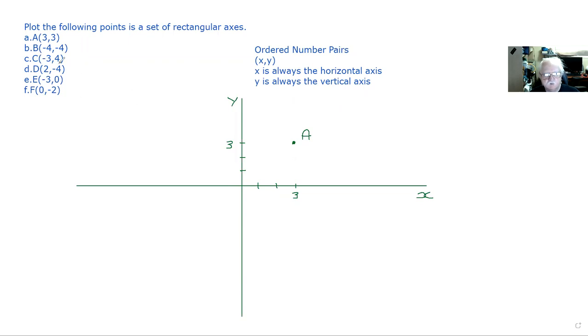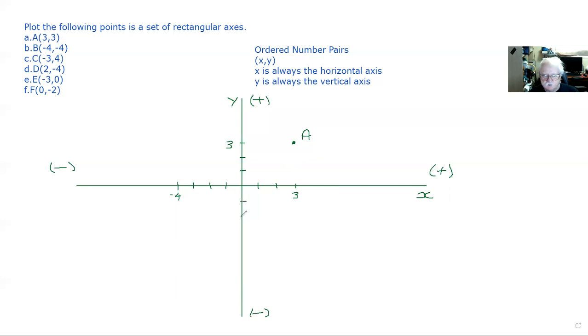There's another one here, -4, -4. So again, x is 1, 2, 3, 4, because this is always going to be the positive direction. This is going to be negative. So this is -4. On the y-axis, going up is positive. This is going to be negative. And we're at -4.